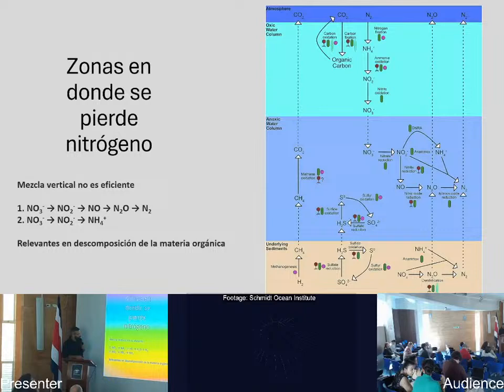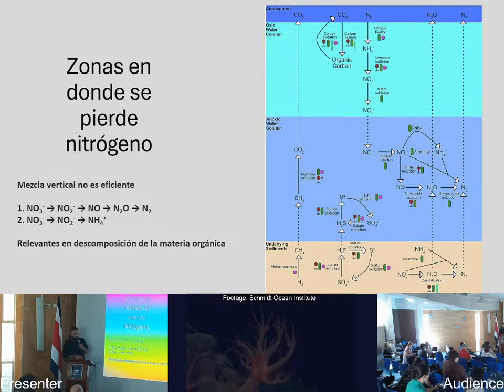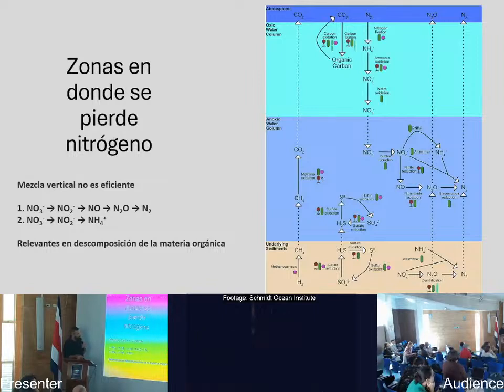Also, we have processes like sulfate reduction. This is really important also. And in the last years most of the research has been focused on this process, because apparently this is another way to lose nitrogen, apparently coupled with the methane oxidation.